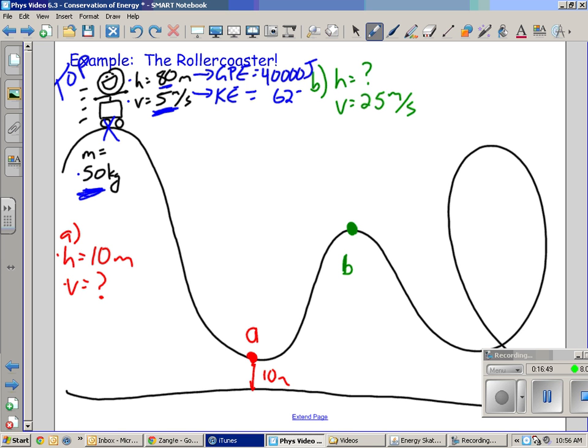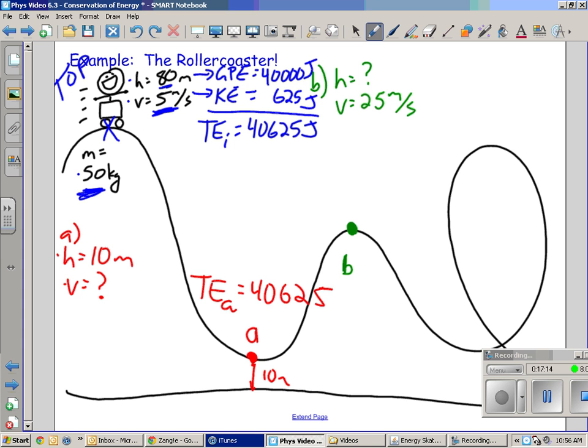That gives me 625 joules. I can add those up and get my total energy initially, which is 40,625 joules. That is huge, because now I know that when I get down here to point A, my total energy also has to be 40,625 joules.